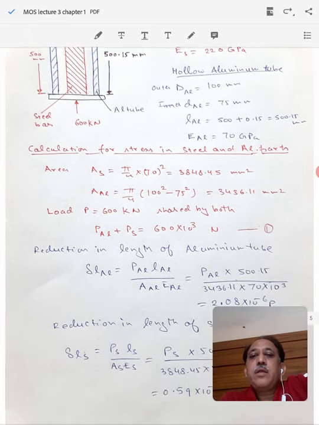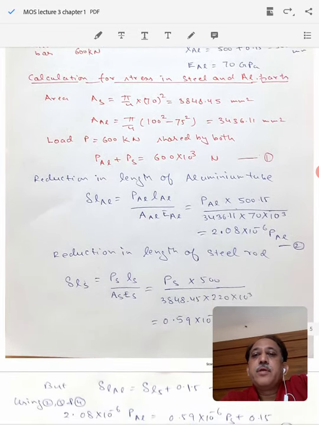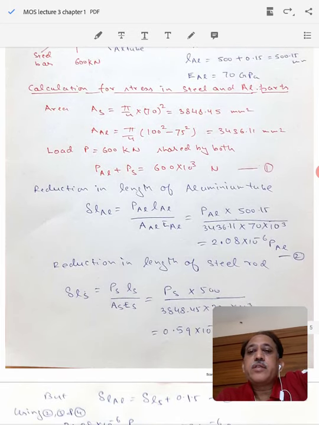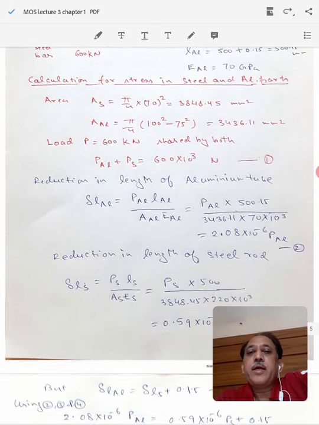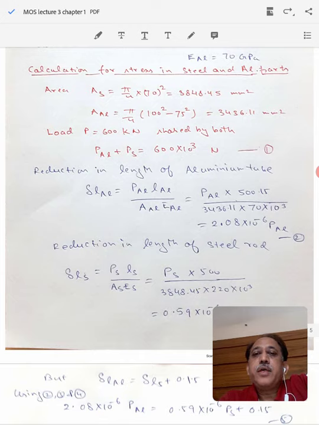And now we need to find the reduction in length of the aluminum tube. So let's apply the formula delta L is equal to PL by AE. We do not yet know the value of load shared by the aluminum tube, so we have just kept it as P_AL, but we know the other values of length, area and E that we have substituted.